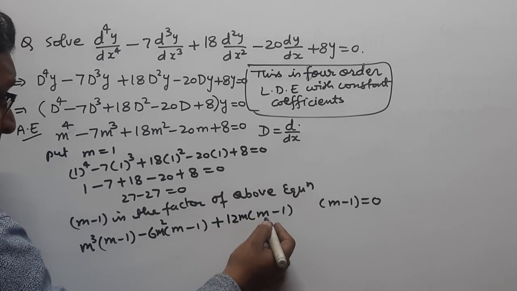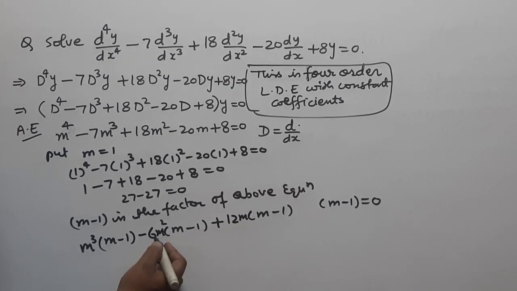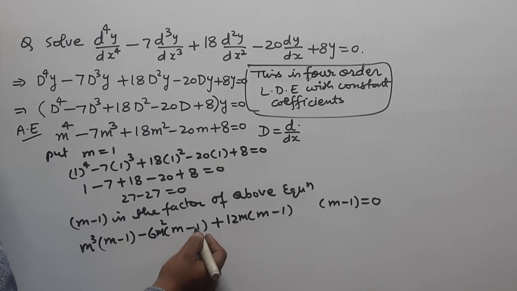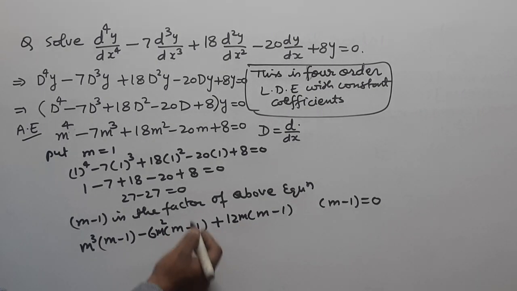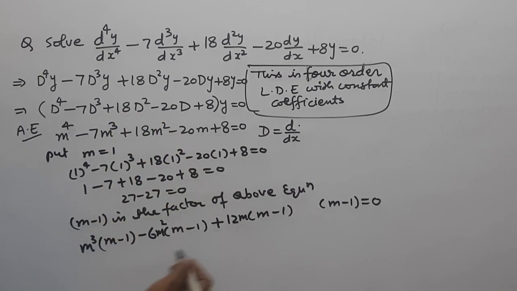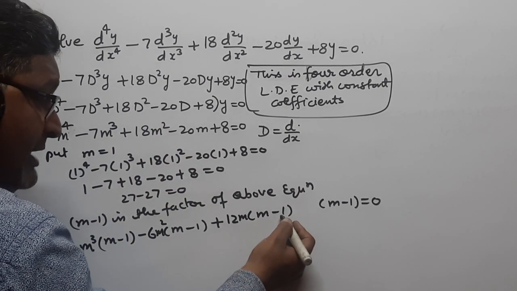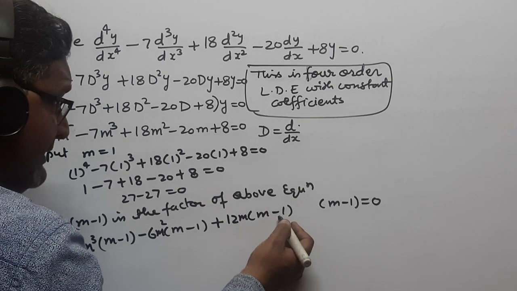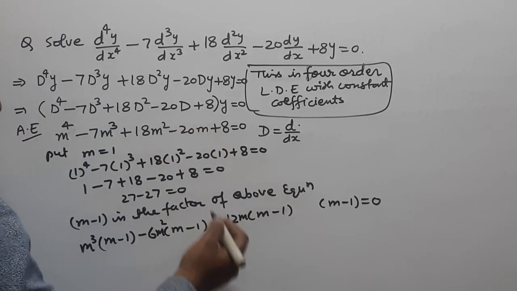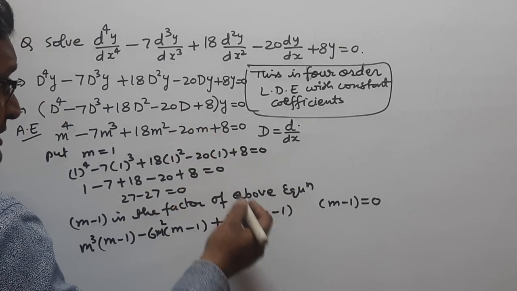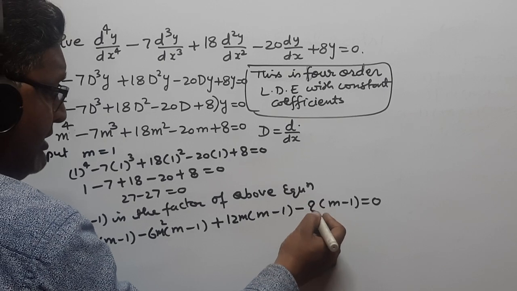So 12m multiplied by m gives 12m squared, and minus 6m squared multiplied by minus 1 is plus 6m squared. So 12m squared and plus 6m squared gives 18m squared. Now 12m multiplied by minus 1 gives minus 12m. Here this is minus 20m, so minus 8m is less, so we multiply here minus 8.